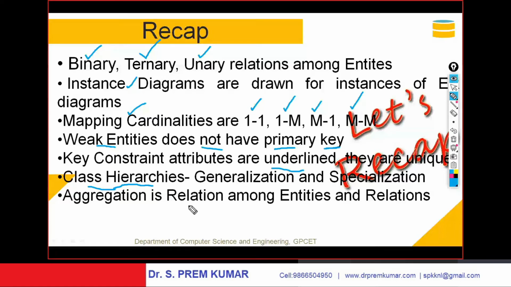Aggregation. Let us have a discussion on aggregation. Aggregation is when we sometimes club entities and relationships, and for that clubbed unit, I establish a relation. Then we say it is an aggregation. For example, every department should execute some projects.